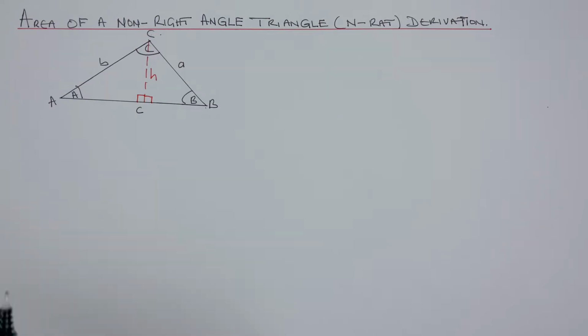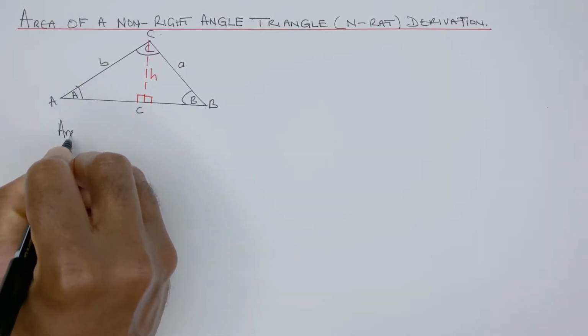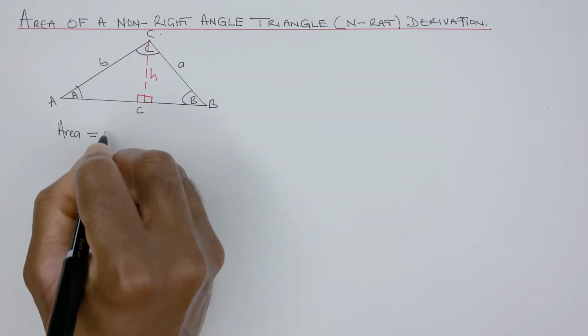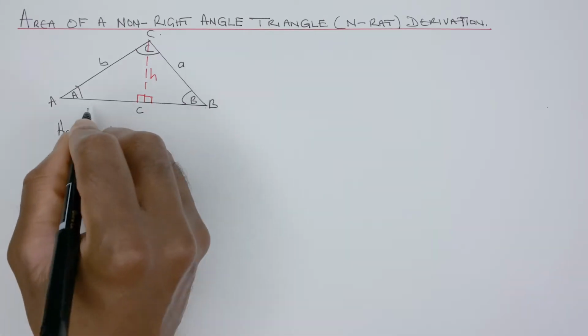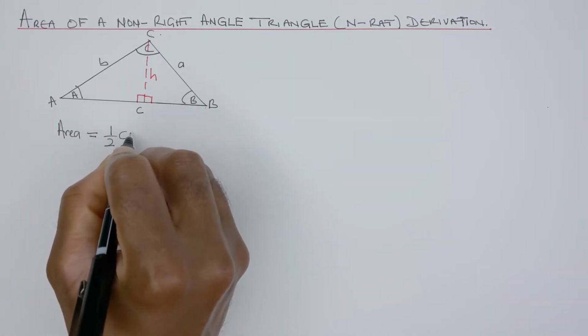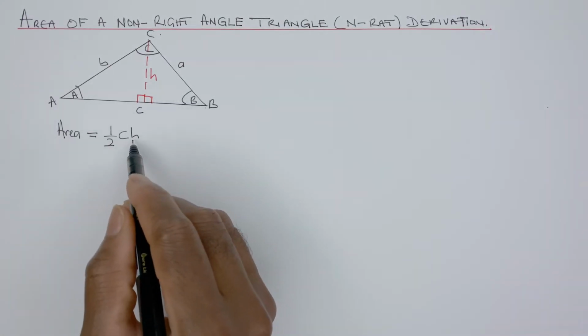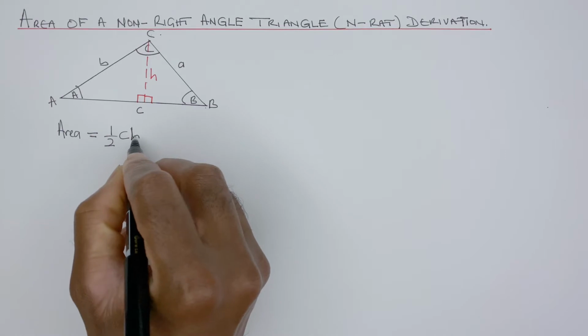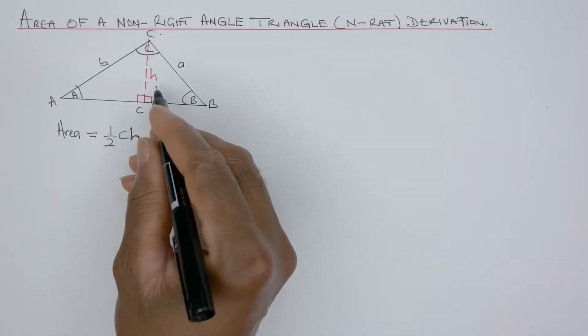The area will be a half of c times h, because this side is c. What I then need to do is eliminate h, because I don't know what h is.